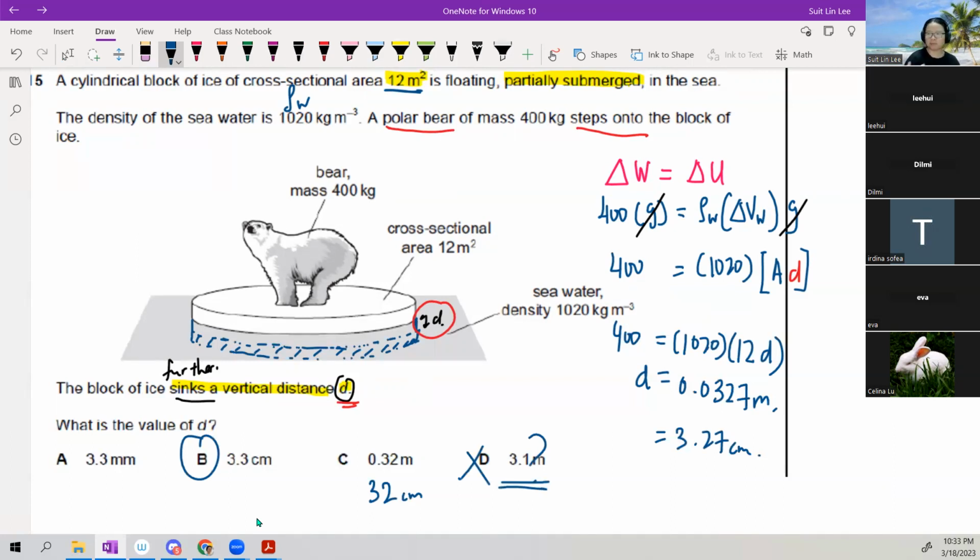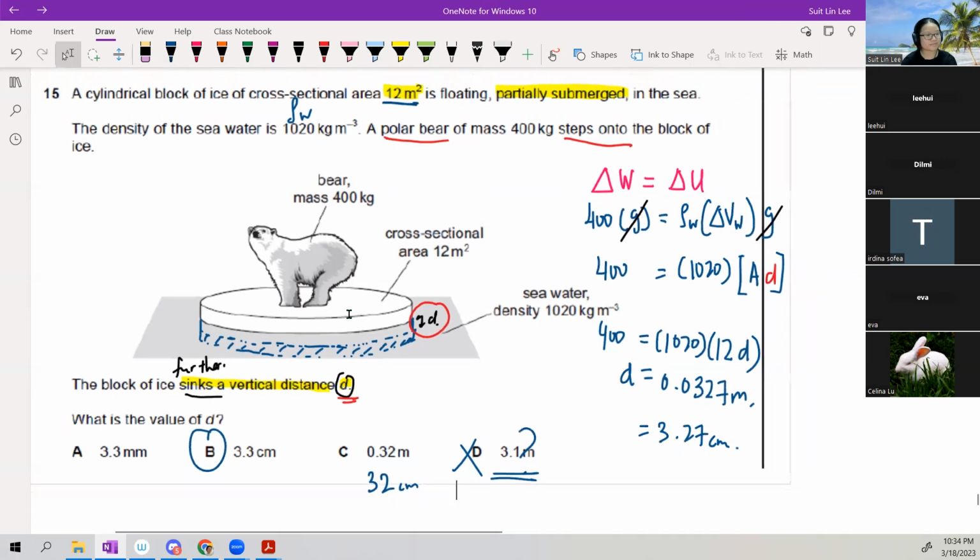It cannot be some random number that you cannot make sense of. If it were 3 meters of sinking, I'm not sure how the polar bear managed to climb up 3 meters. How to step up a 3-meter tall ice. Even stepping up a 32 cm height, it's about this height. Quite tall. So your answer should be logical. If it's not, probably there's a conversion error.